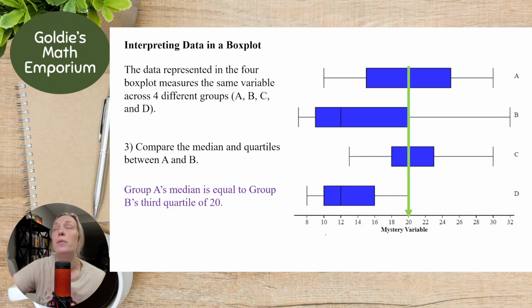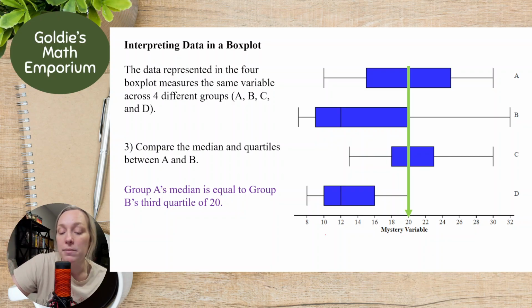When we're asked to compare things in AP statistics, we want to make sure that we are using comparison words. And I'm going to talk about this a little bit more later on in a different section of notes. But comparison words means we don't just want to say, hey, A's median is 20 and B's median is 12. Those aren't comparing them. They're just stating what they are. You want to try to relate them, whether it's larger, smaller, same, whatever they may be.